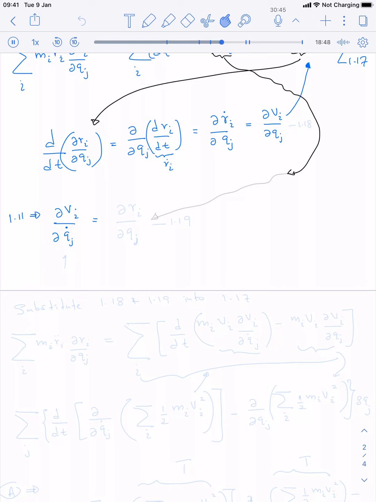So the k will be replaced by j, and this summation will just become dabba Ri over dabba Qj. So the answer would be dabba Ri over dabba Qj.